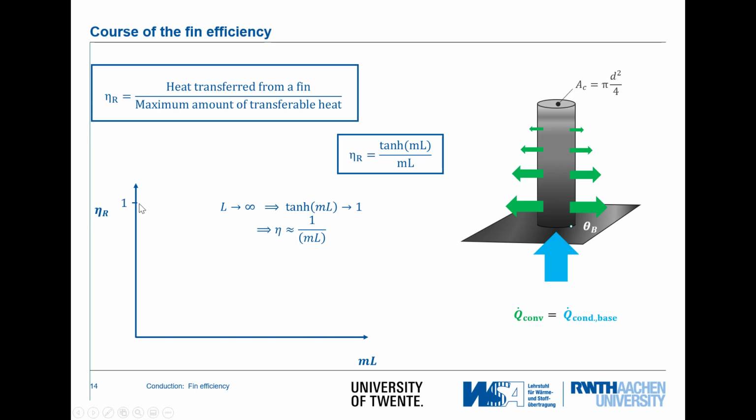For short fins, the fin efficiency is 1 because both parts go to 0, and the expression tangent hyperbolicus of ml divided by ml approaches 1. So our fin efficiency profile looks like the following drawing.